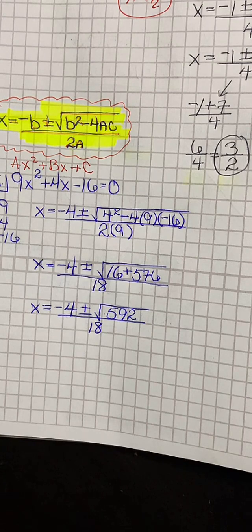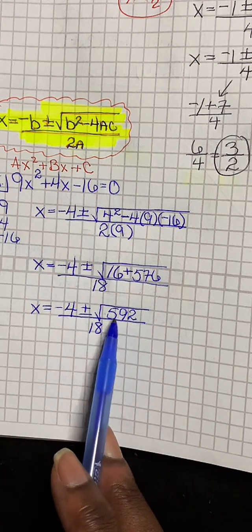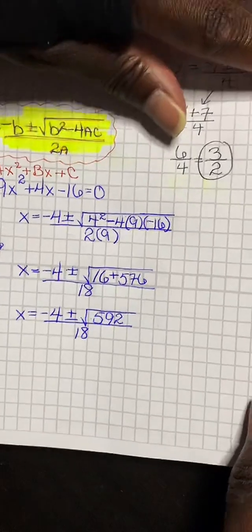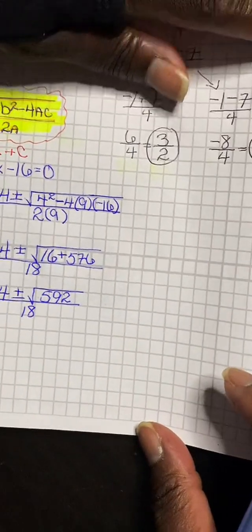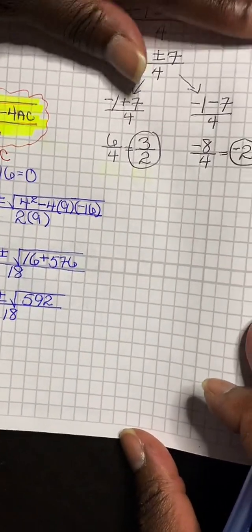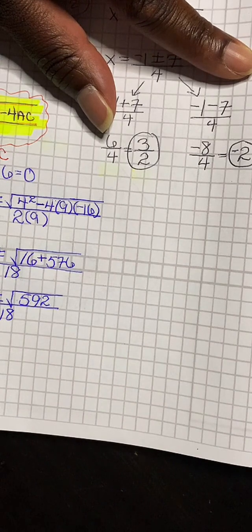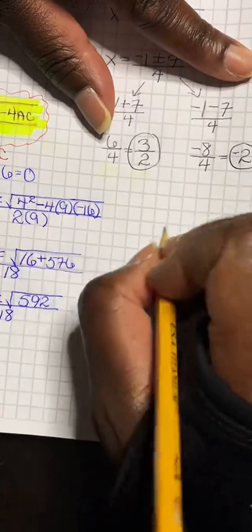There we go. Now, the square root of 592. This is something that a lot of students kind of get hooked up on. Let me see if I can just use a pencil real quick. All right.